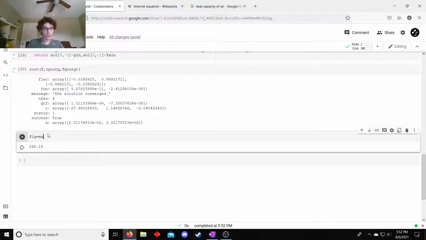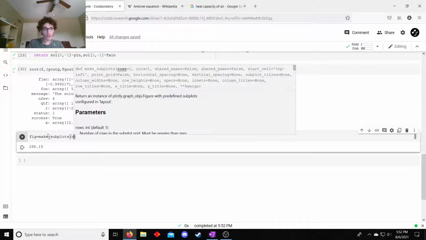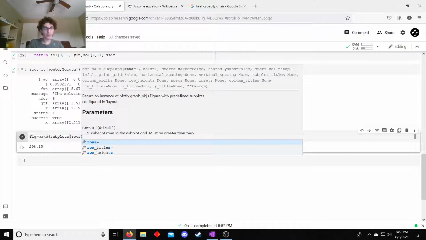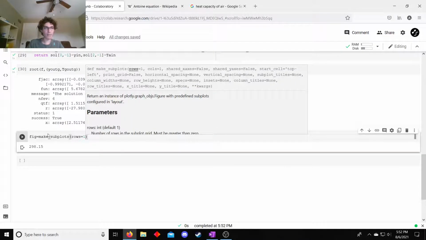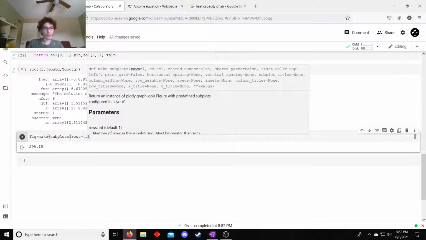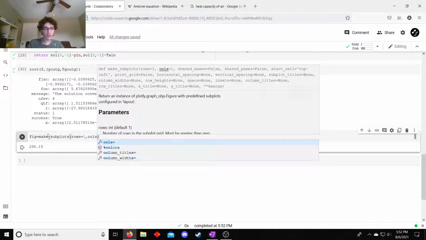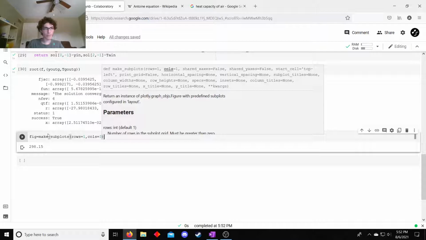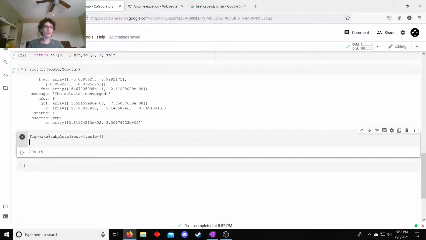Figure equals make_subplots. We will have one row and 3 columns. And we're going to do figure.add_scatter. So now we're going to add in our lines.